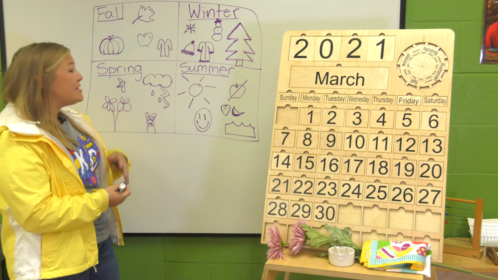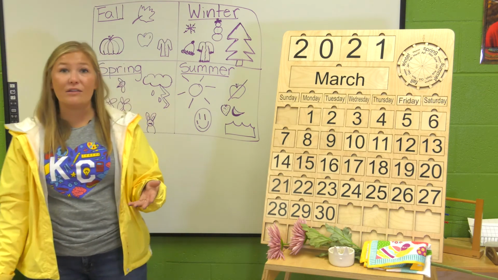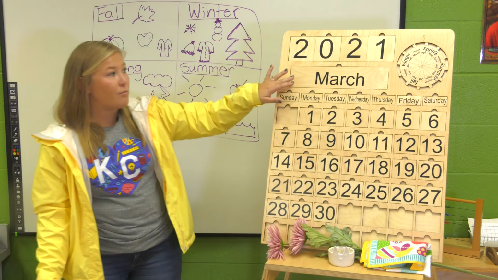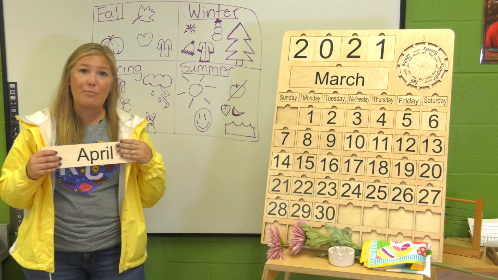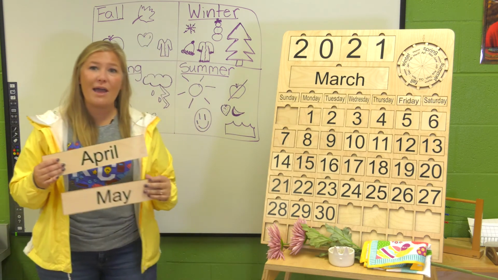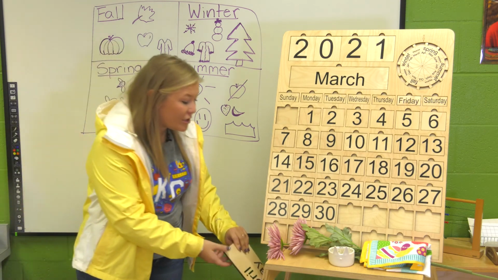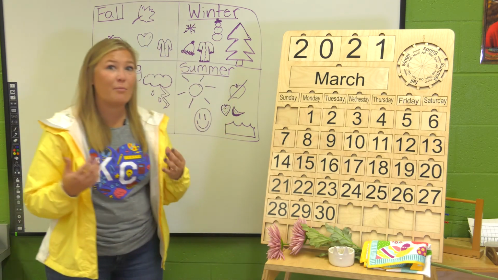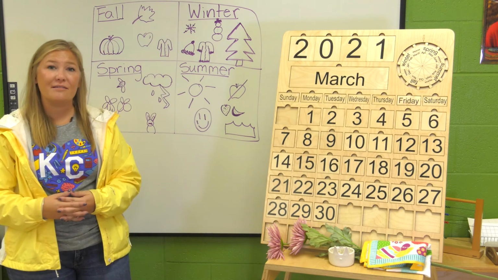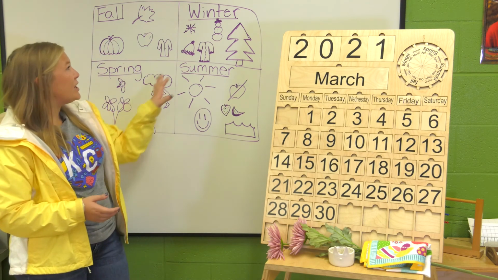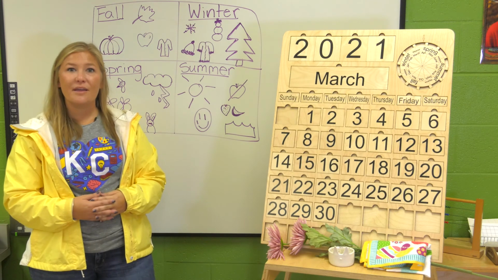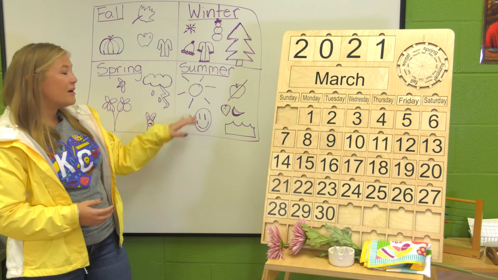Can you remind them what months we have in spring? We have March, April, and May. Can you also tell the adult in your home what comes before and after spring? Before spring comes winter, and after spring comes summer.